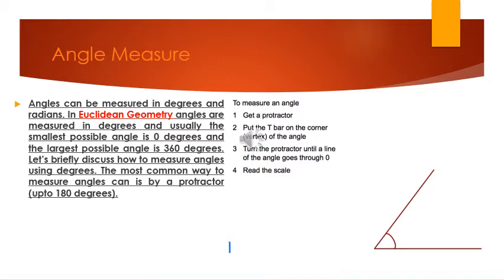Let's briefly discuss how to measure angles using degrees. The most common way to measure angles is by protractor up to 180 degrees. Let's see the example. Let's see how to measure an angle. Get a protractor.